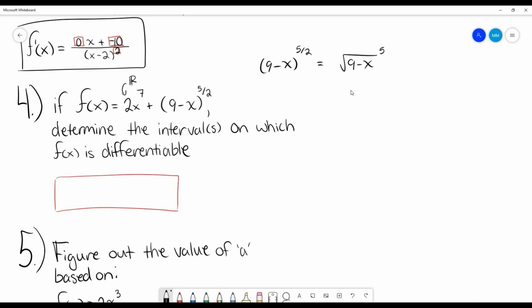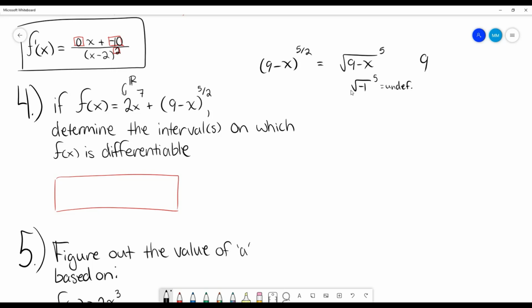Well, I know that if I subtract a 9, that's going to get me 0, which is valid. 0 is in our domain, which means that I can include a 9. But if I subtract maybe a 10, right, that's going to get me a negative in my radical, which is going to be undefined and therefore outside of my domain.